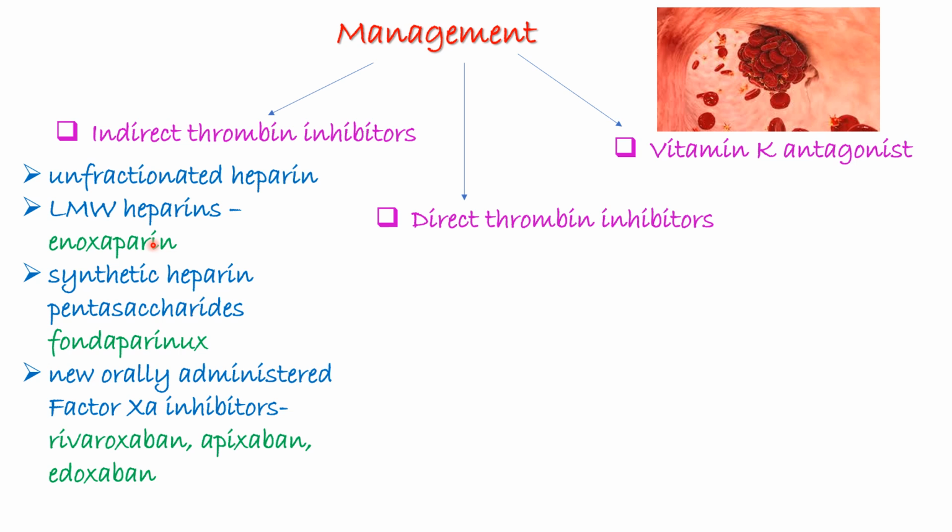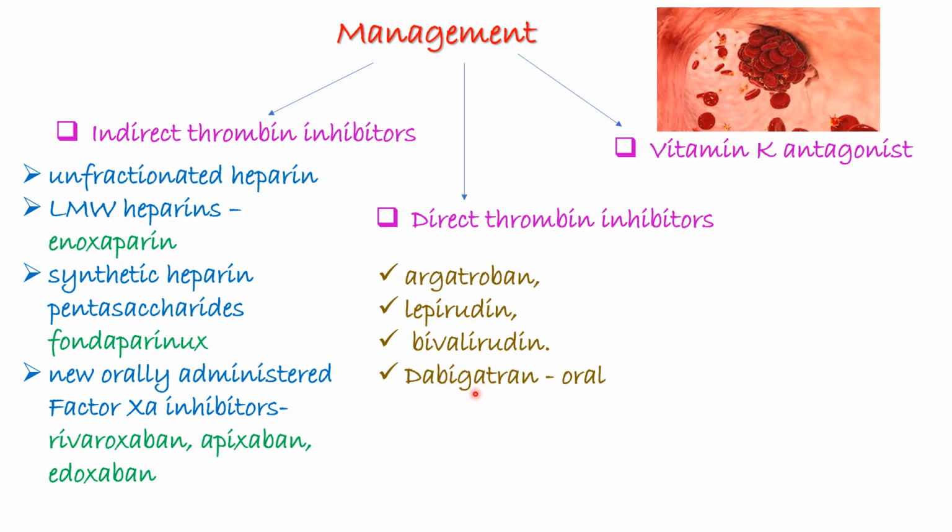And then lastly, under indirect thrombin inhibitors, we have the new orally administered factor Xa inhibitors, and examples are rivaroxaban, apixaban, and edoxaban. These ones are not given in pregnancy. For direct thrombin inhibitors, we have argatroban, lepirudin, bivalirudin, and then dabigatran.